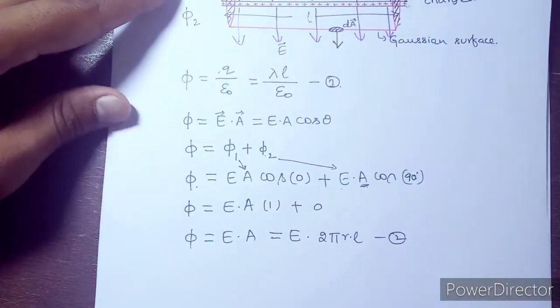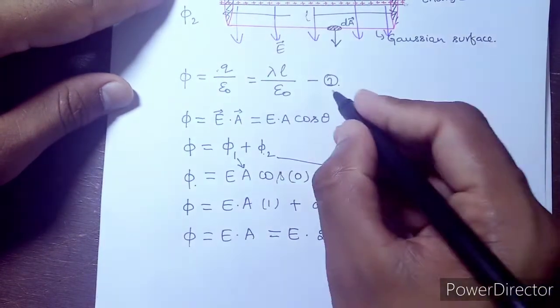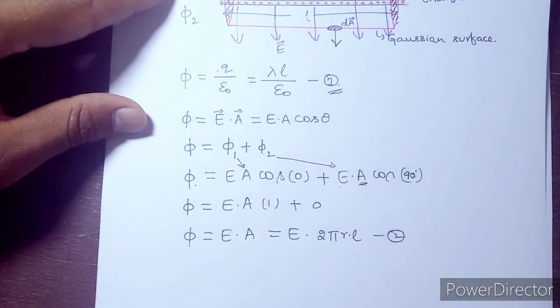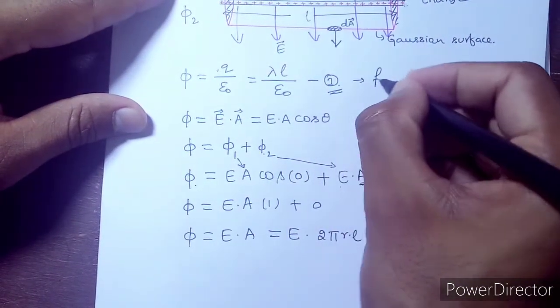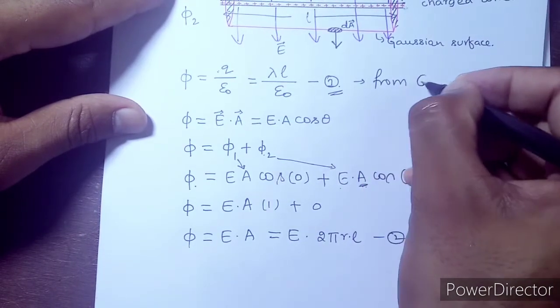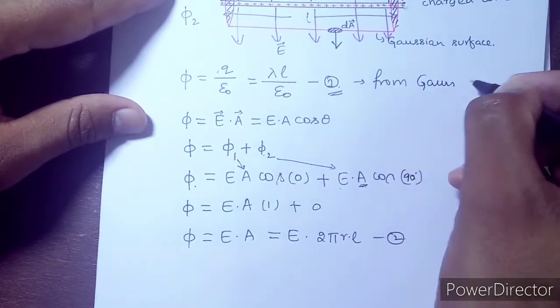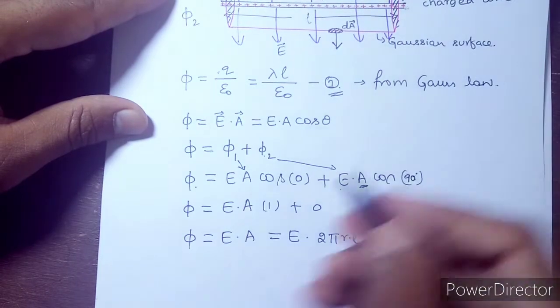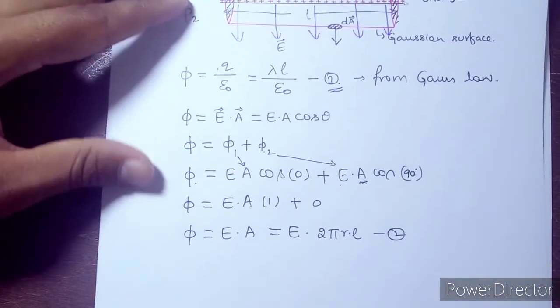So we got two different equations for phi. One is equation number 1 from Gauss law, and this one is from the electric flux equation.